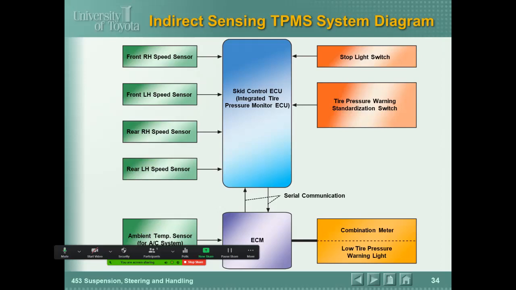Now the engineers have figured out how to use the speed sensor to meet that specification of being able to say 2 or more tires are low, and to be able to determine which wheel the low tire is located at. So again, it's in the manufacturer's interest to move away from direct sensing back to this indirect sensing, because they save the money of not having a sensor in the tire, and they use all the other wiring and the ABS unit that's already in the car. So that's why we're moving back to this.